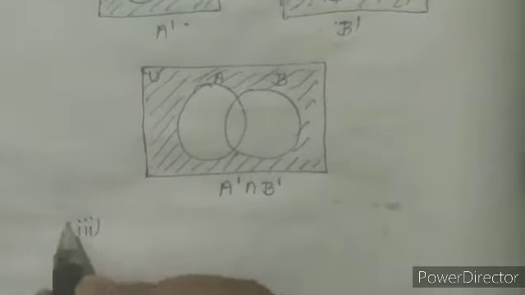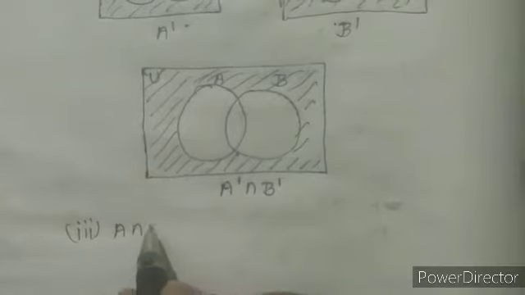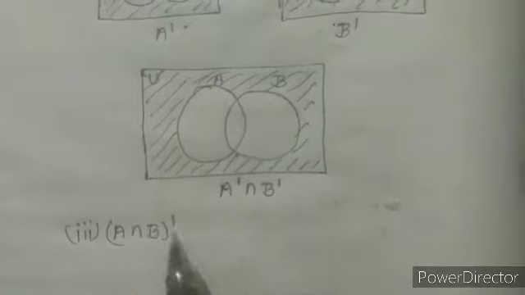Now the third one is (A intersection B) whole complement.